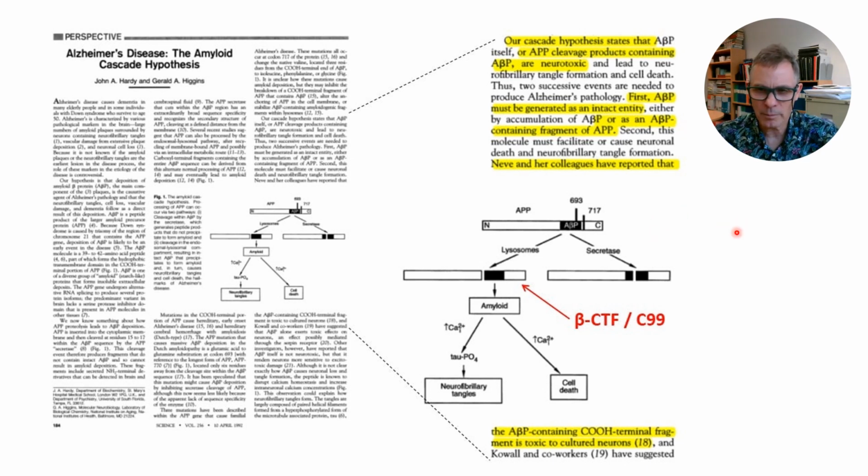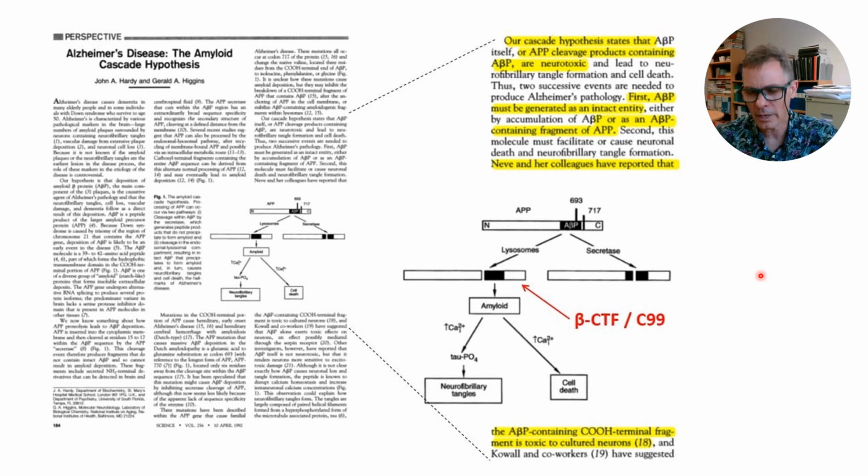So even though many people say that this paper is the one that led to the current focus on amyloid, that's not actually fair, because even in this paper they look at the evidence in an objective way, and they aren't able to very strongly support amyloid itself as the pathogenic agent.